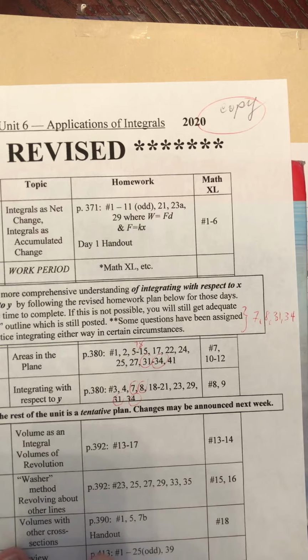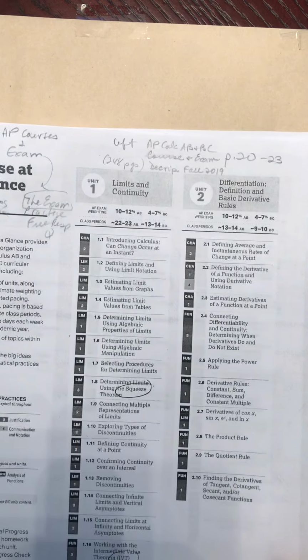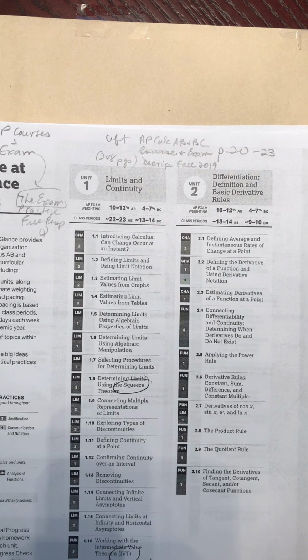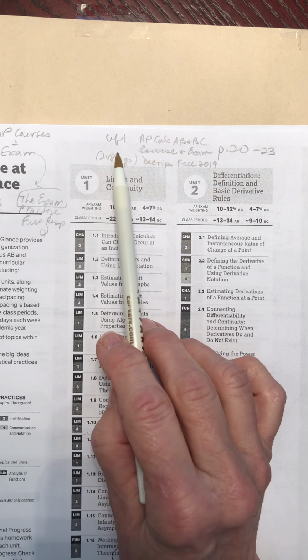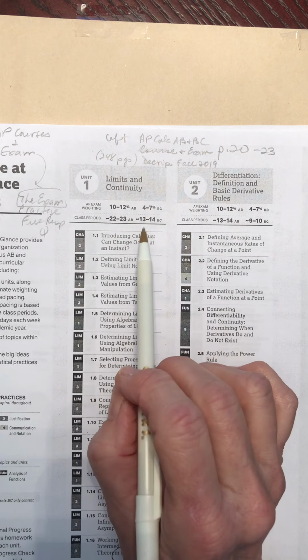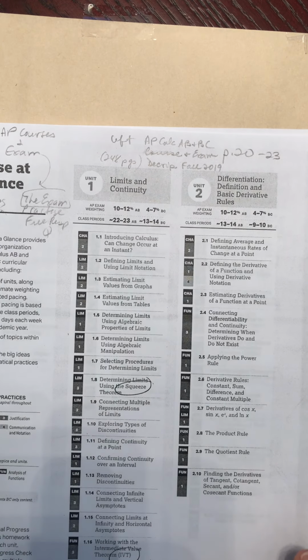One thing I do want to stress is make sure you are looking at the AP Central. They have this course at a glance. I always had it in my room, but it shows every unit and what is covered. Something in gray is not Calculus AB, it's Calculus BC. You can get this just by logging into the course, and it opens up a 248 page document, but they do show you every unit by unit.